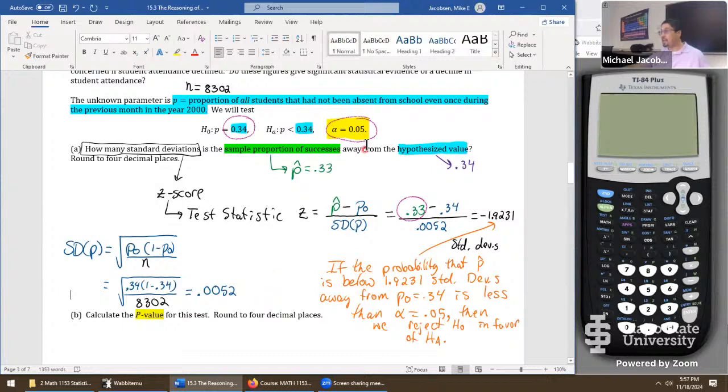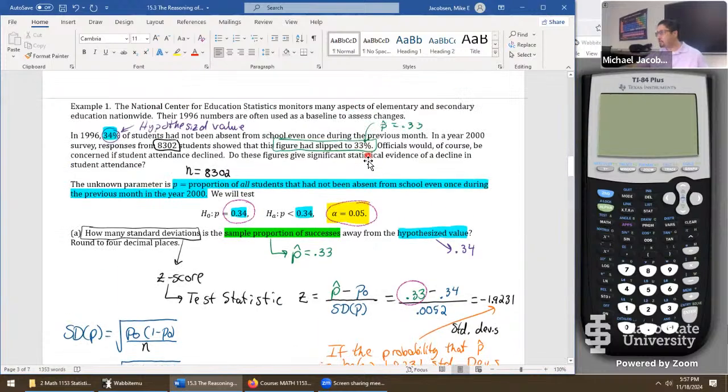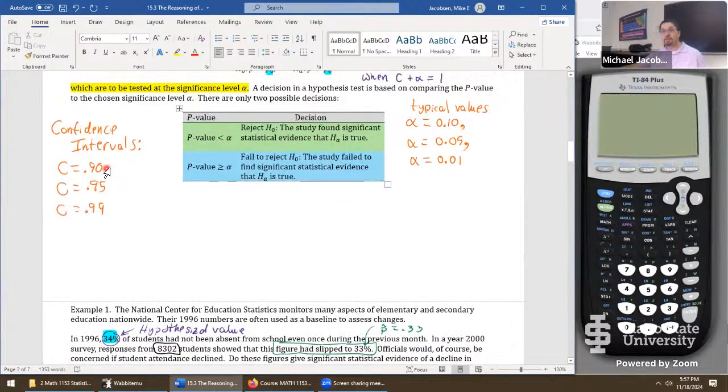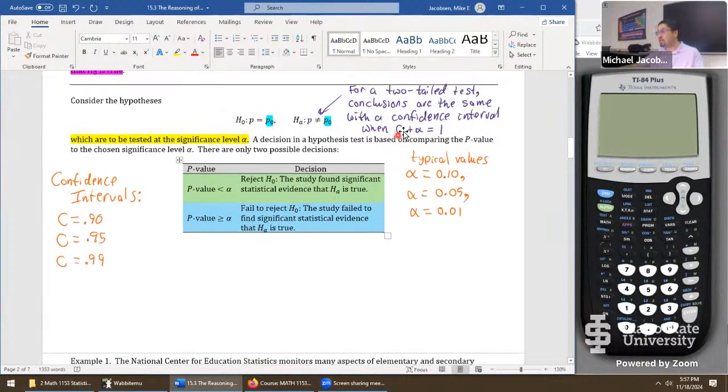So notice the p-value is kind of meaningless unless we know how much evidence we want. The alpha value is kind of like the level of confidence in a confidence interval. And we mentioned before that if you have a 90% confidence interval and you decide to do a hypothesis test, it should be at 0.10, 10%. Likewise, 95% confidence is conflated with 0.05 for the significance level, and so on down the line.